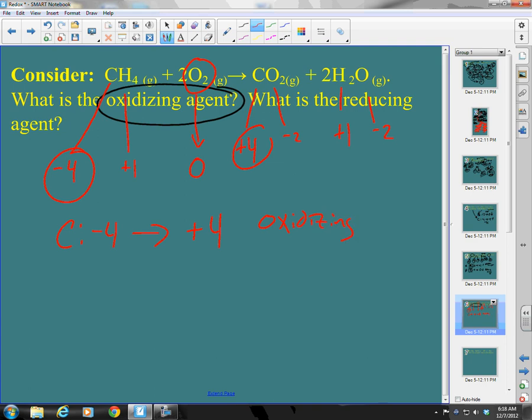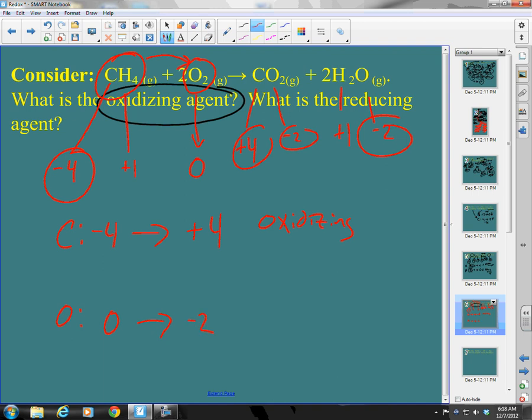What must be causing it to oxidize? Well, here it is. My carbon is in methane. That is oxidizing. That means something else must be causing it to oxidize. Well, what's my other reactant? Oxygen. And what is oxygen doing? It's going from 0 to 2 minus.